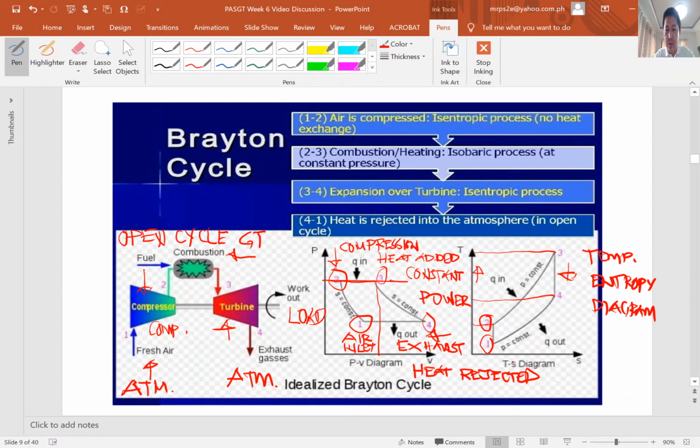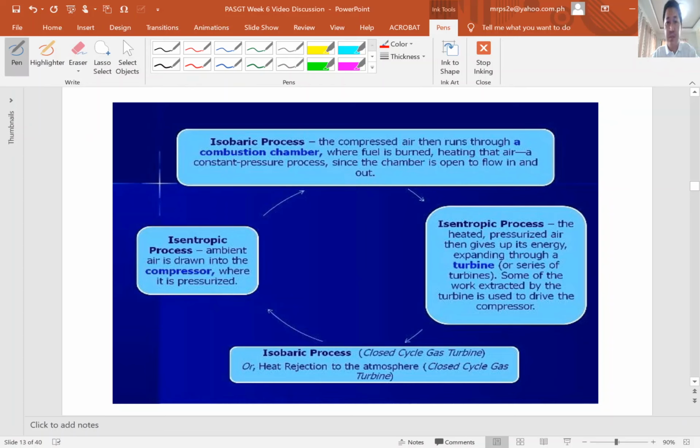Next is the isentropic process. So I will draw a small diagram here.